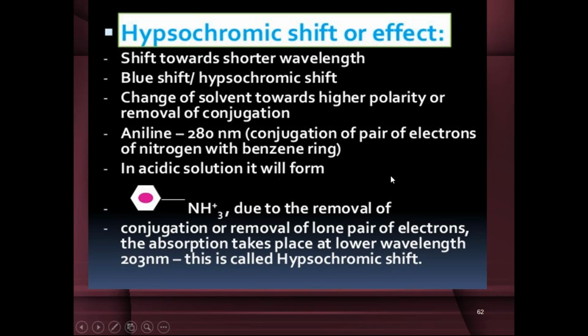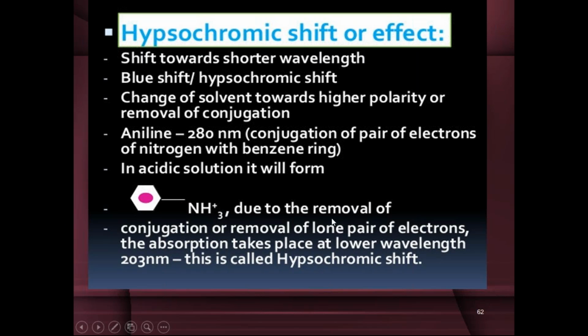In acidic solution, it will form NH3 plus due to removal of conjugation or removal of the lone pair of electrons. So hence the absorption takes place at shorter wavelengths. It is 203 nanometers, and this is called a hypsochromic shift. So you get a hypsochromic shift in acidic solutions.